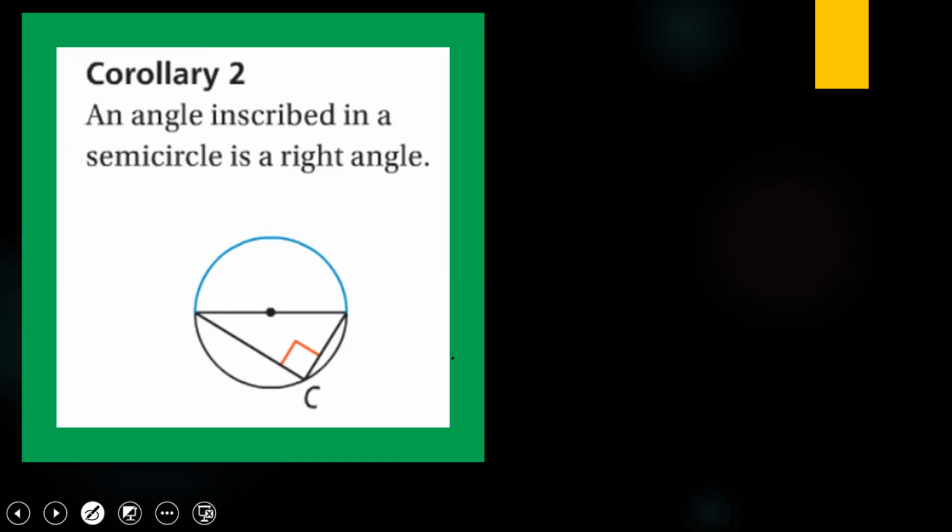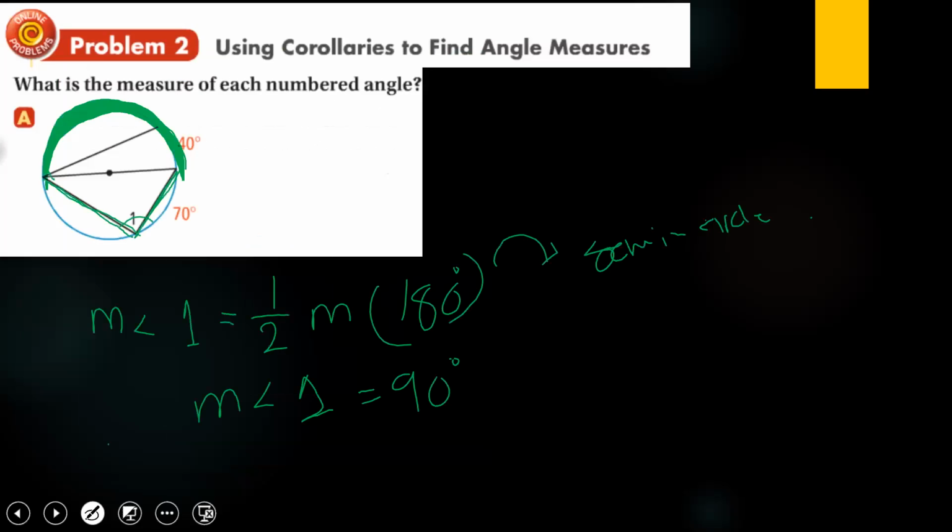So this is our second corollary, as we did here. Here we have a semicircle. In the semicircle, there's an angle. The angle that's inscribed in a semicircle will be right.